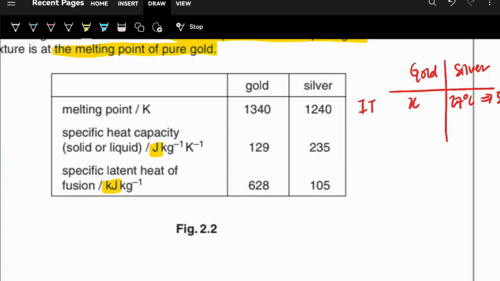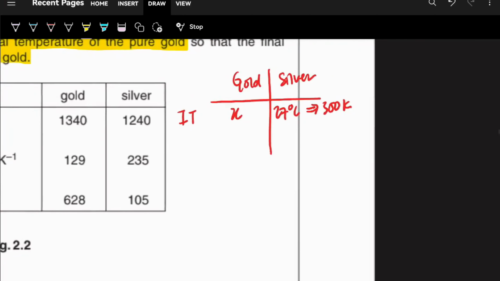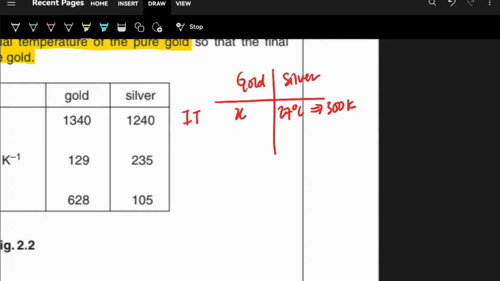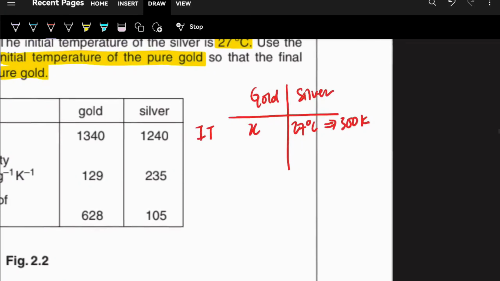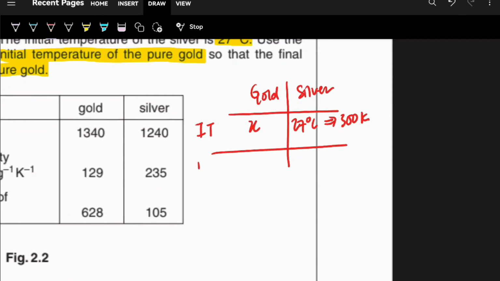Okay, now coming back. So we know our initial temperature for silver is 27 degrees Celsius and we have converted to Kelvin, which is 300 K. Basically, you plus 273. Okay. Then the final temperature for both is the same, which is 1340 Kelvin. Now why is it 1340?